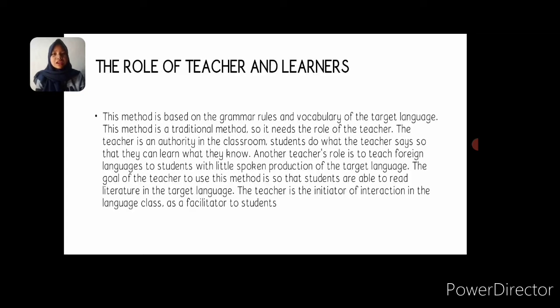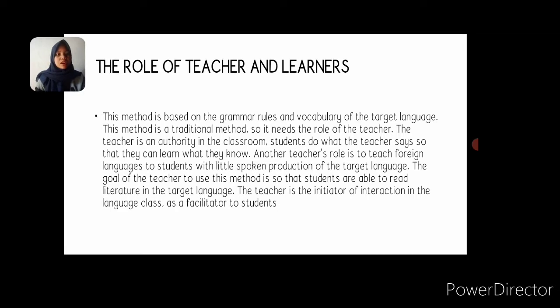And next, the role of teacher and learners. This method is based on the grammar, rules, and vocabulary of the target language. This method is a traditional method, so it needs the role of the teacher. The teacher is an authority in the classroom. Students do what the teacher says so that they can learn what they know.